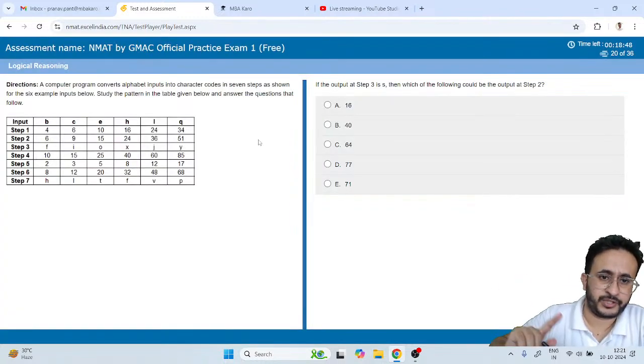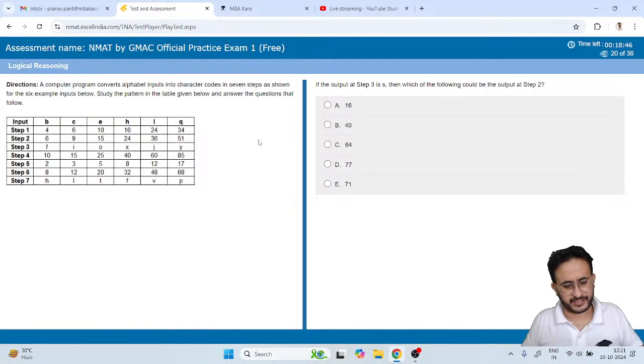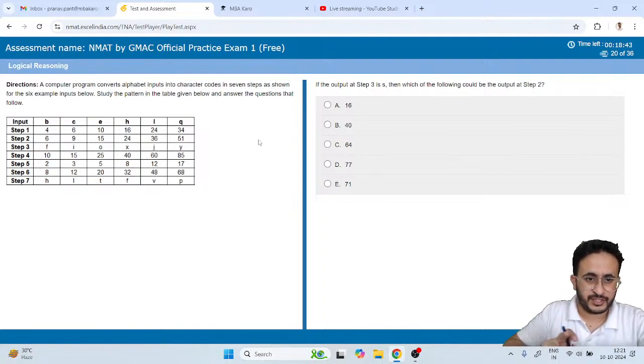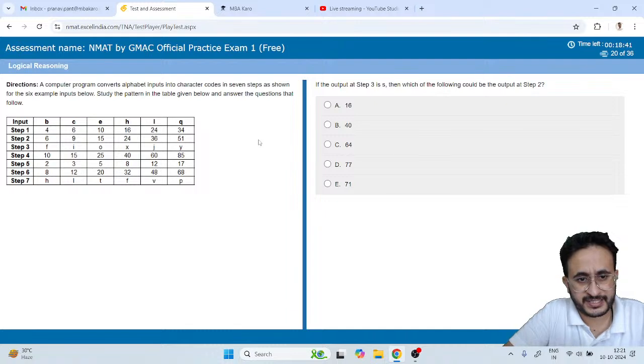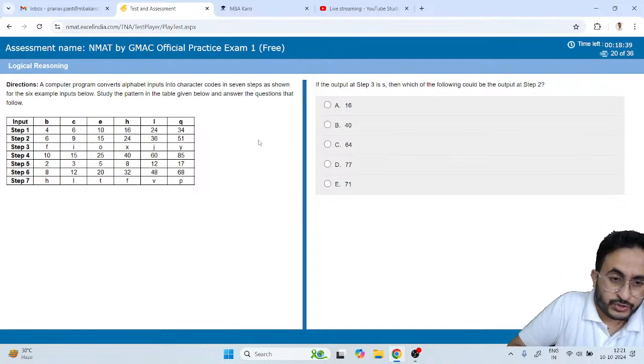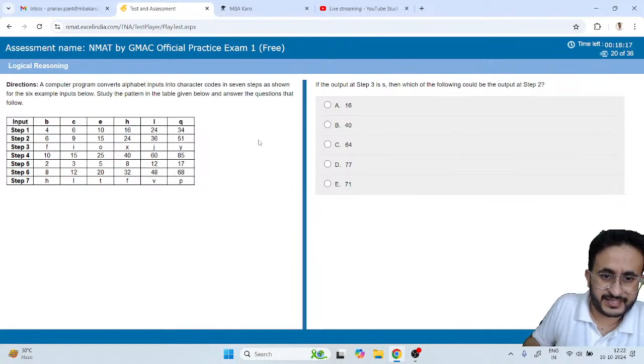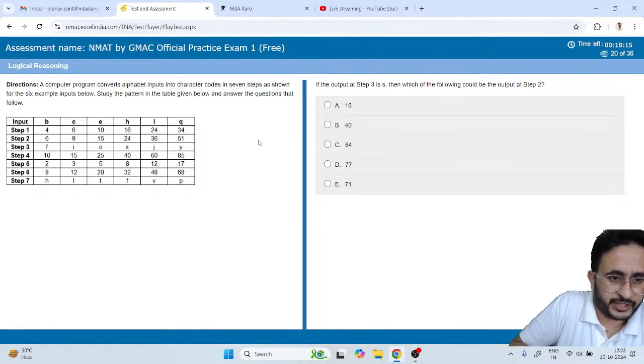Okay, so input output. So this is like every year they give the same set of values. Step one is basically we just need to get the logic. Step one is two times the input. Step two is input plus step one. Step three is writing the alphabet equivalent, and if it is more than 26, we change it accordingly.